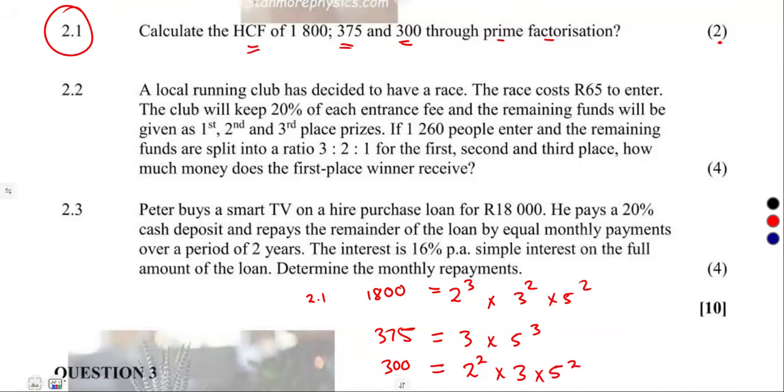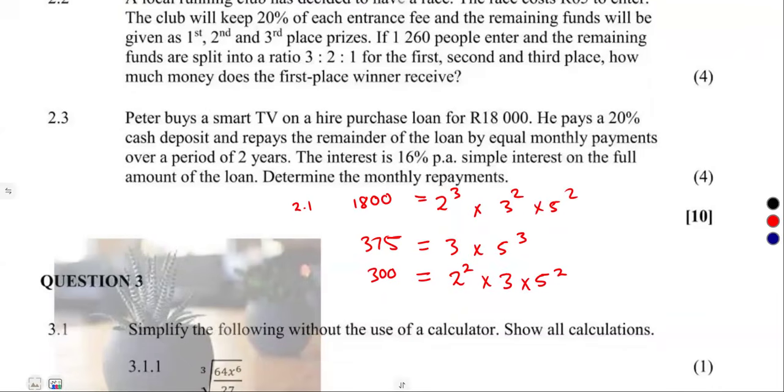So what is the highest common factor? We do understand that the highest common factor, when you are given in this exponential form, you must consider where you have got the smallest powers.